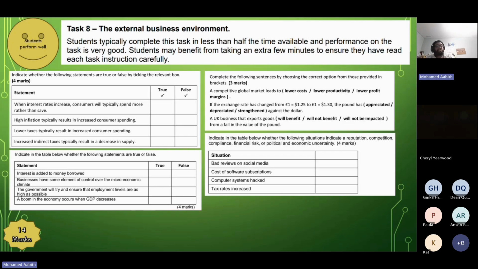If the pound is strong and I'm exporting, I'm going to get paid in a weaker currency. A weaker currency means I will get fewer pounds, less bang for my buck. That's how the economy works.